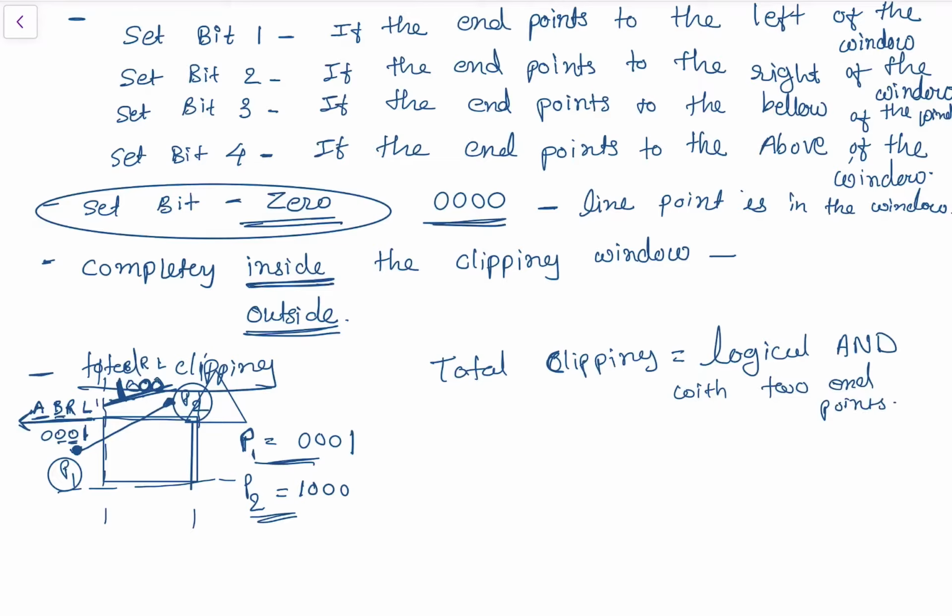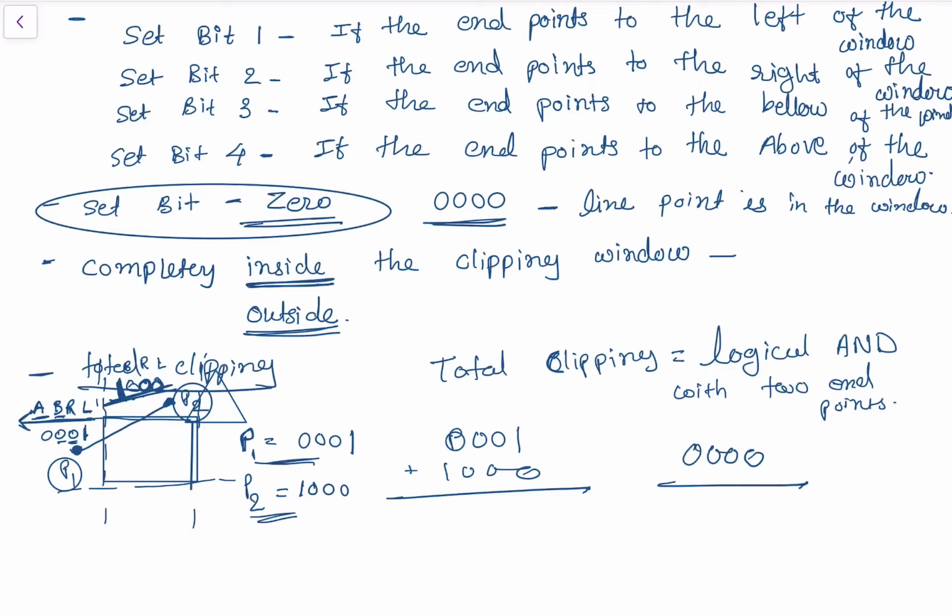Means we take 0 0 0 1 AND 1 0 0 0, and this result is not 0 0 0 0. The line is completely outside the clipping region, right?